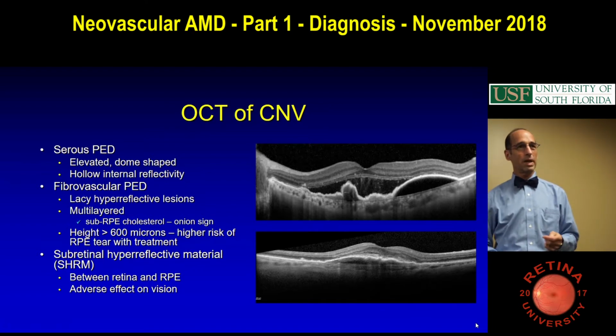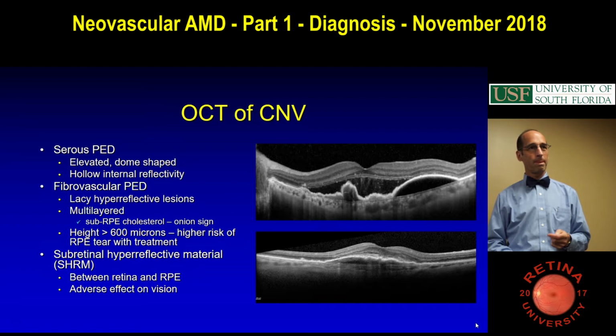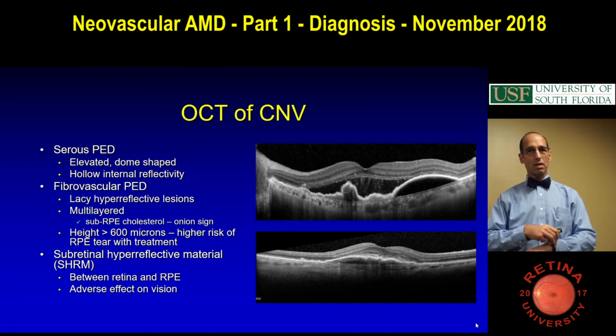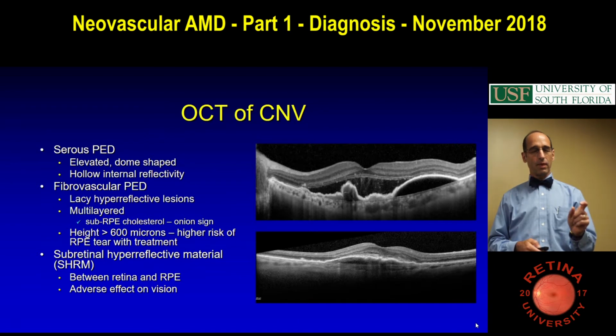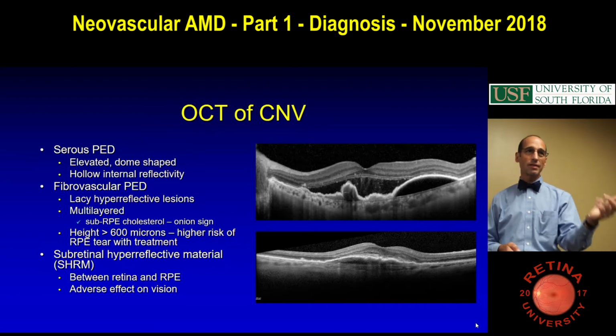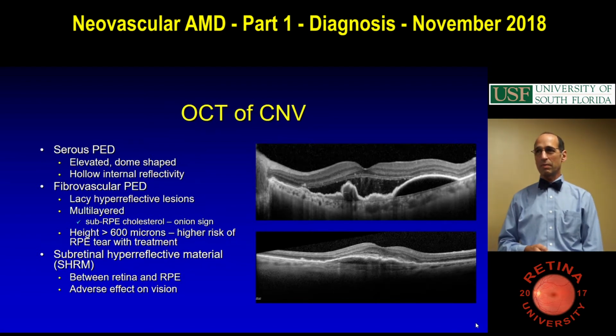Where does that, like, I read a lot about drusenoid PEDs. Where is that? A drusenoid PED by definition is over 350 microns. Some books have 200, I believe it's 350 in the basic science book, of just a really big drusen. So if you have a bunch of drusen that connect, it's called a drusenoid PED.